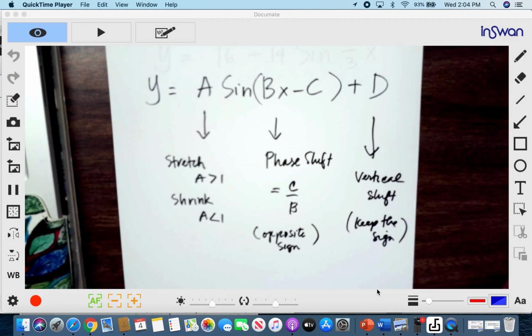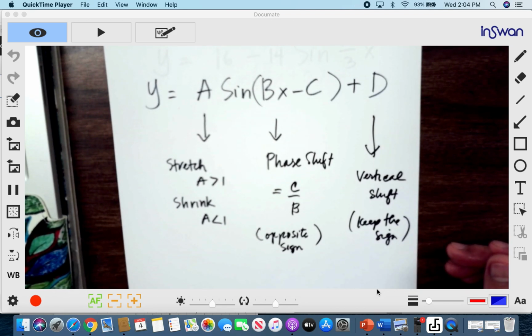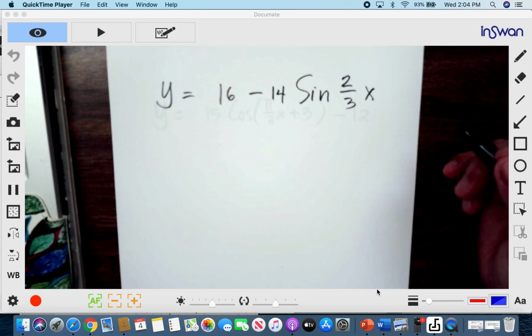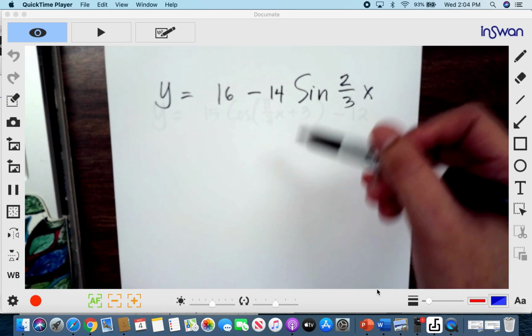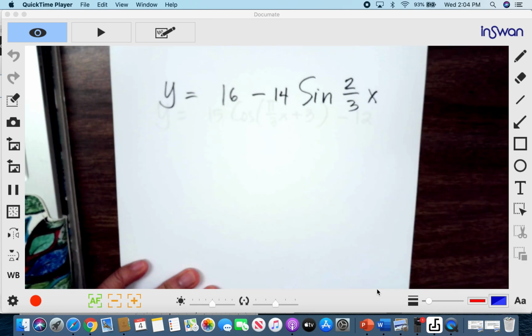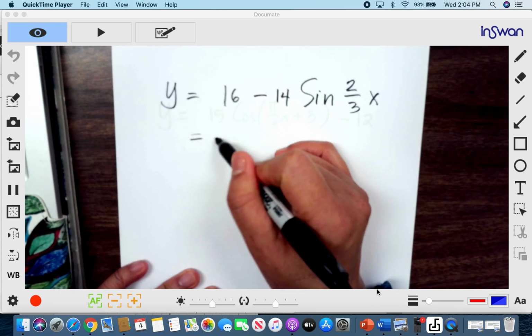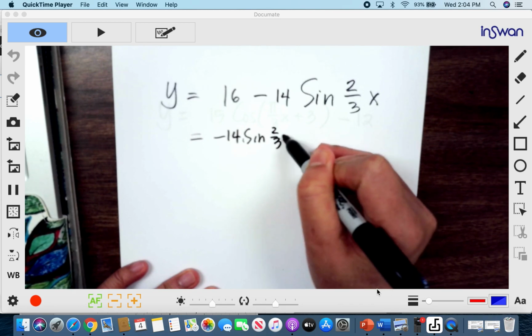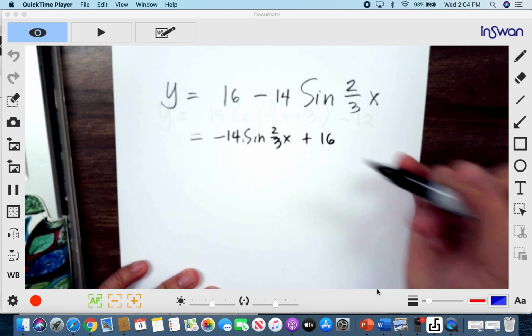Now, at the same time, we will be identifying all the properties of our function later on. So let's say, for example, you have this function y equals 16 minus 14 sine 2/3 x. Even if it's written irregularly, I can express it in standard form like this, and it's the same.